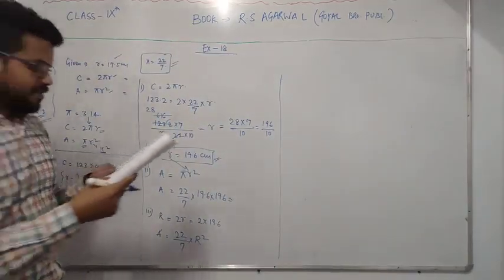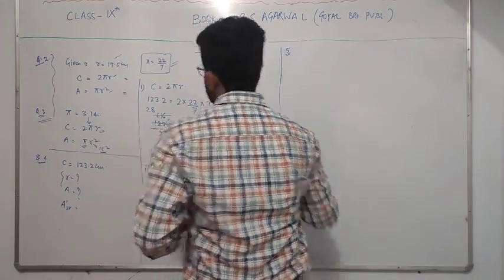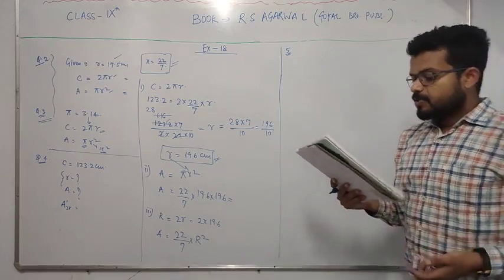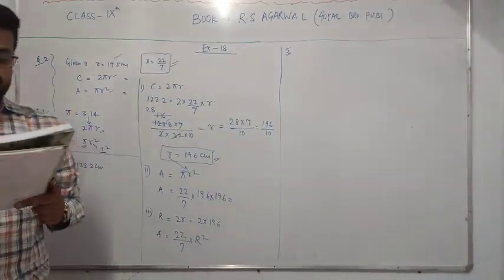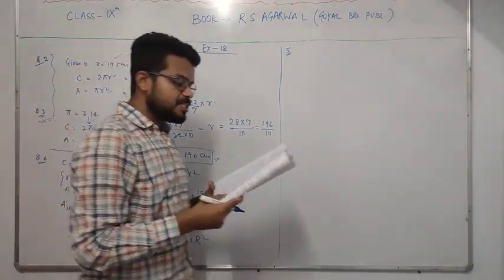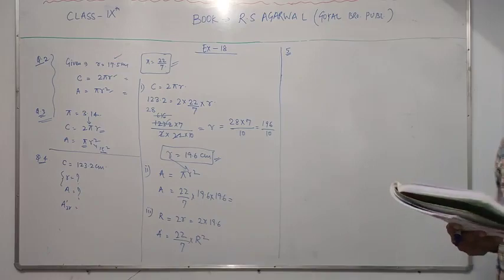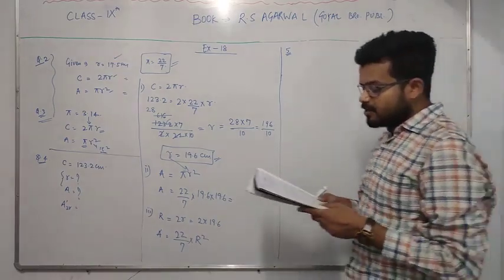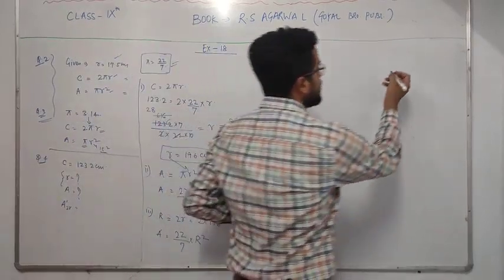Question number 5, a very important question. What is the question? Find the length of a rope by which a cow must be tethered in order that it may be able to graze an area of 9856 meter square.